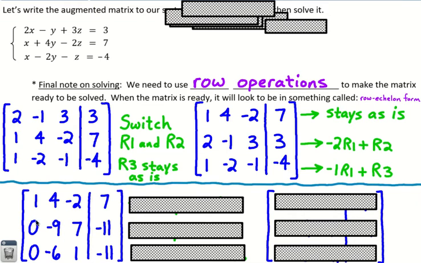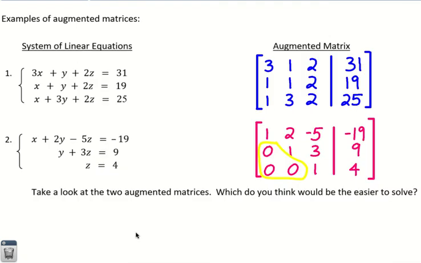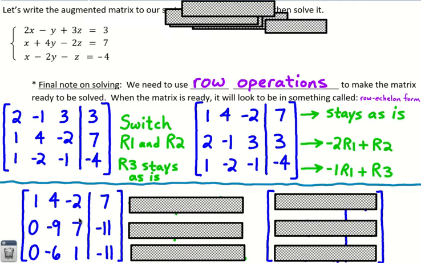Now, what do we still have to do? Well, it looks like we need to make this spot a 0 still. Now, here's a very, very important teaching point in this process. You ready? When I go to make this spot a 0, I need to use a certain 2 rows to combine together.